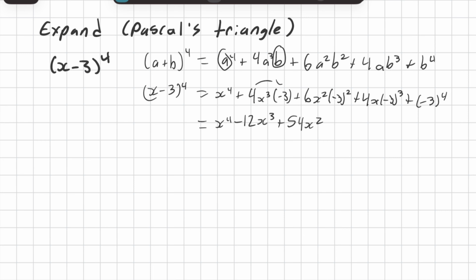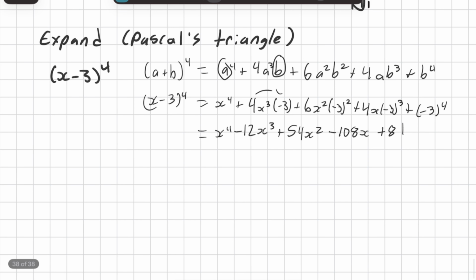Negative 27 times 4 is going to end up being negative 108x, because we have to multiply it by the x. And then we have plus negative 3 to the 4. So negative 3 raised to the 4, it's going to be positive. So it's going to be negative 27 times negative 3. And negative 27 times negative 3 is 81. And that is going to be it expanded. So that's your answer there.